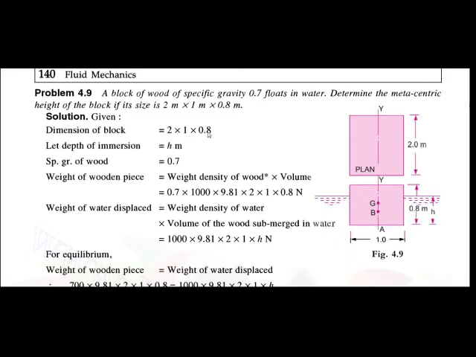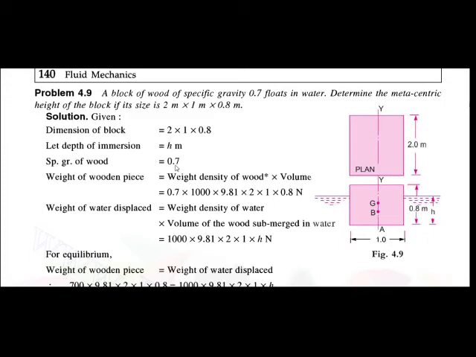The depth of immersion they have not given, so we are considering the depth of the immersion as h meter. They have already given the specific gravity of the wood, which is 0.7.